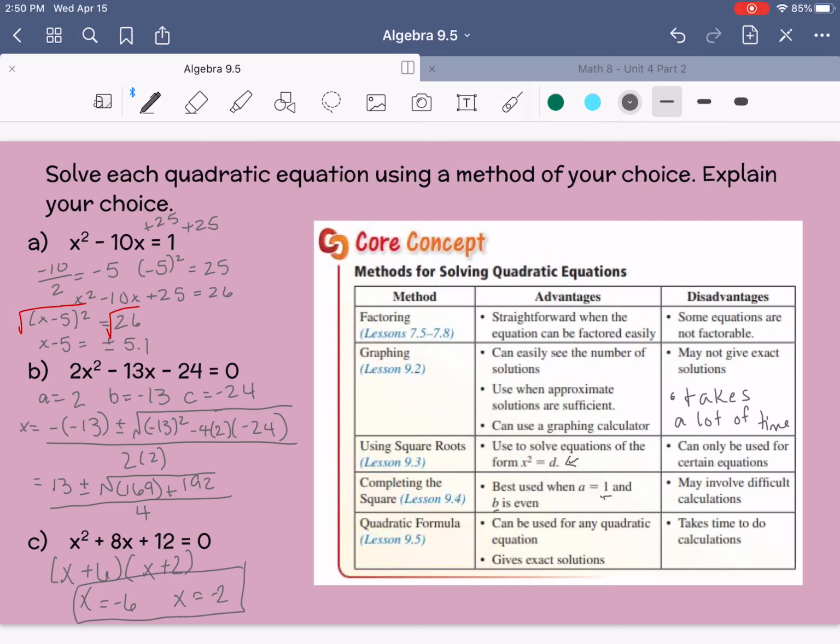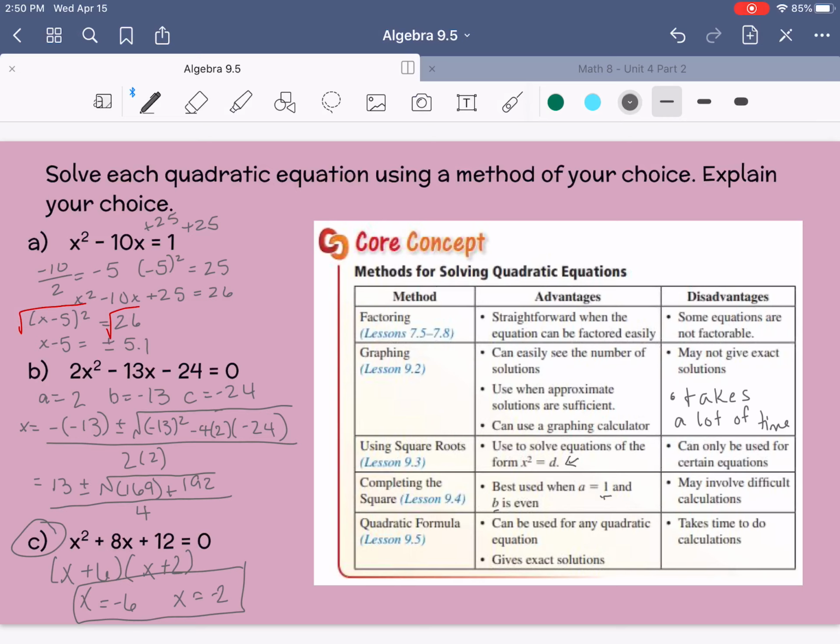Boom. Okay, so yes, you can use the quadratic formula for every single one, but why would I want to go through and use the quadratic formula for something like this? Factoring took me 30 seconds, maybe. Using the quadratic formula for that one would probably take you a good 3 minutes.